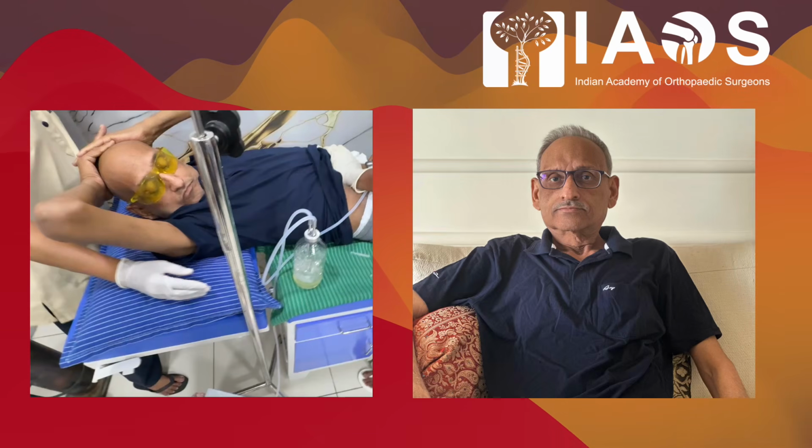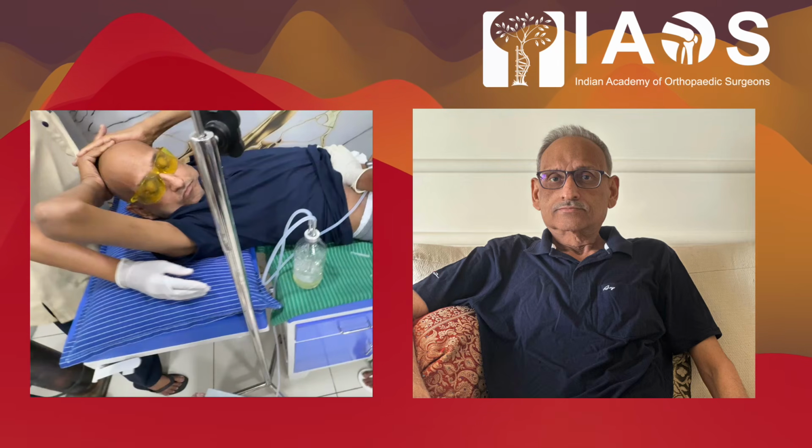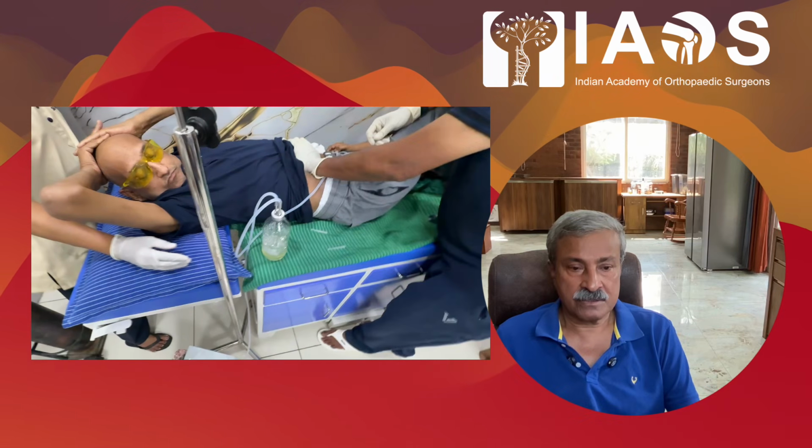These are the before and after pictures of a medical professor who had a pancreatic ductal adenocarcinoma and had come to me post chemo and radio with almost a bald head with 3 liters of ascitic fluid. The same was aspirated and removed.